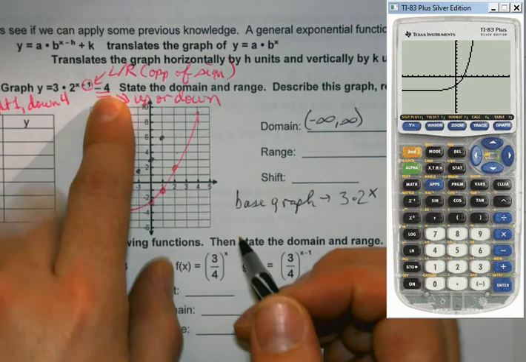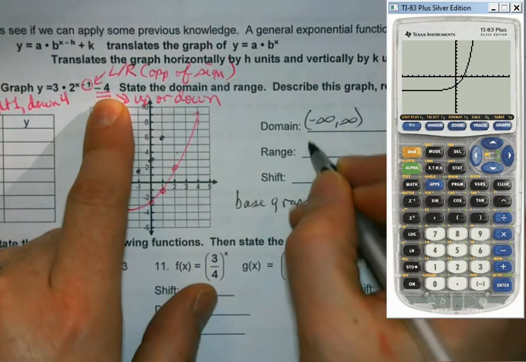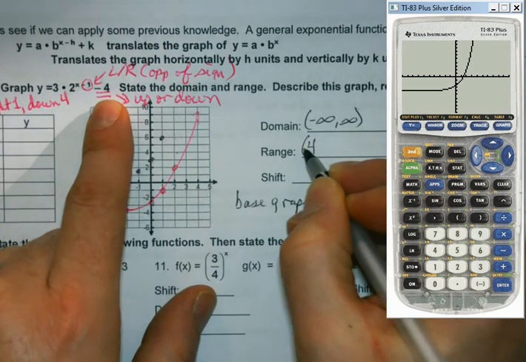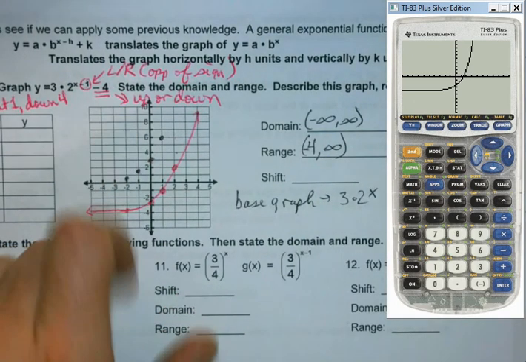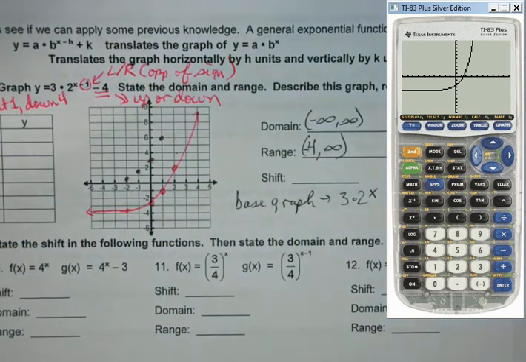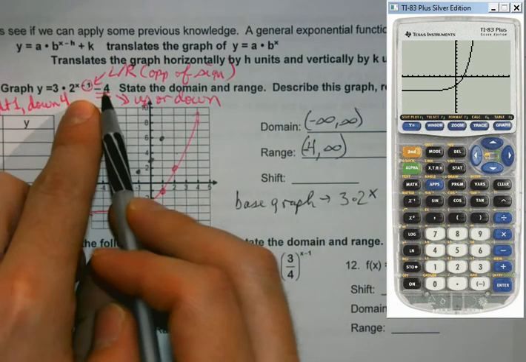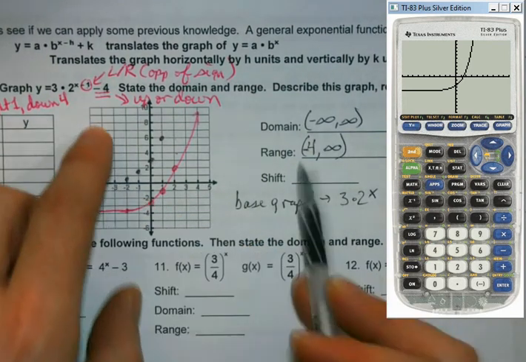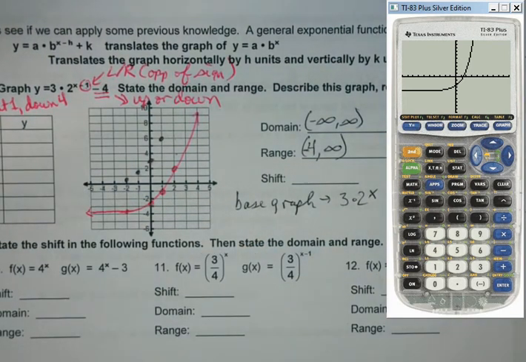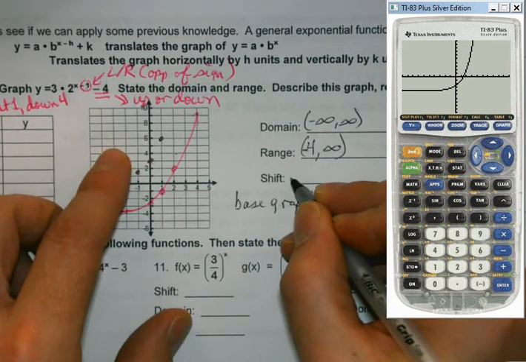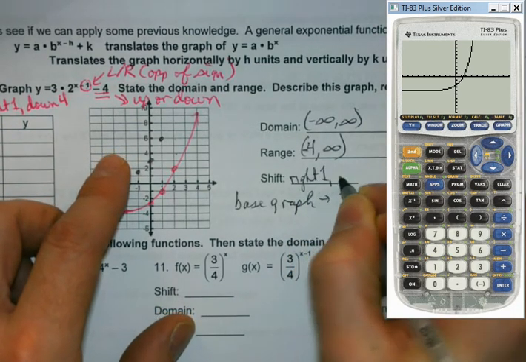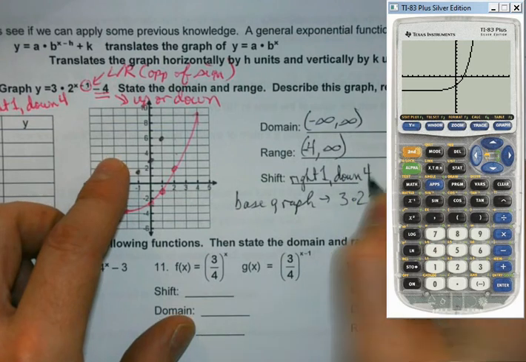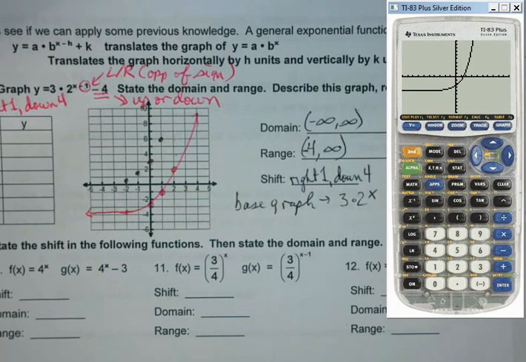Negative 4, where the up or down shift was. Oops, almost forgot my negative. That's what I have to keep in mind. I should be able to tell domain and range without ever graphing. Just knowing what that shift is. Now, if it was up, my range would go up to a positive. And my shifts, I could have written them here: right 1 and down 4. And I get the information that I need.